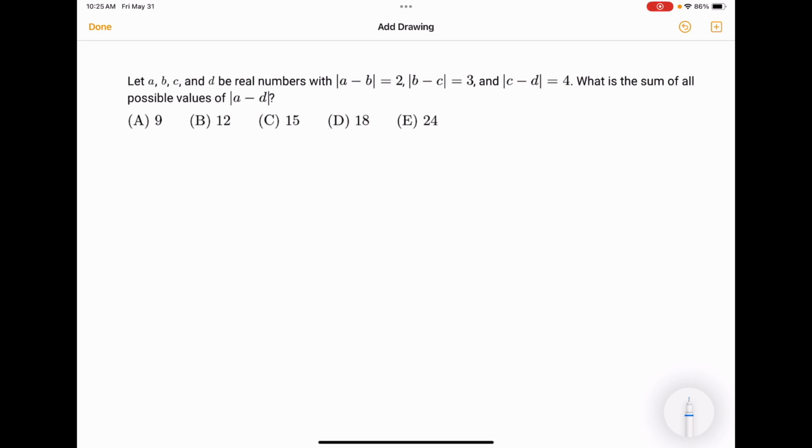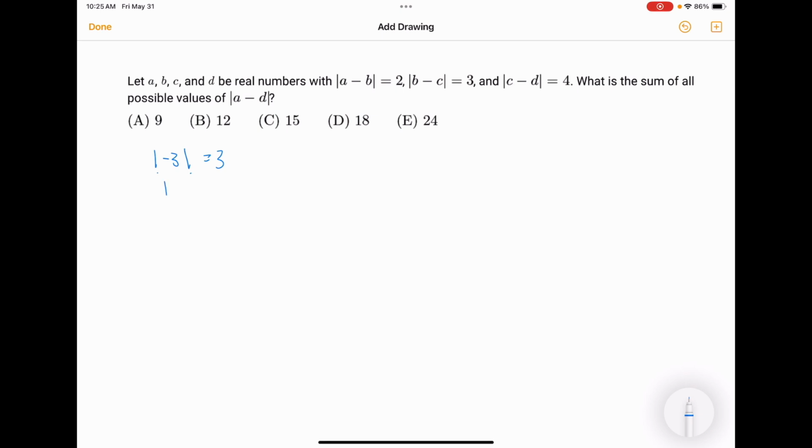Okay, to start this problem off, we see that we are dealing with absolute values. What absolute values are, basically, the result is always going to be a positive number. So for example, if we have the absolute value of -3, and if you didn't know, these two vertical lines are what indicate absolute value, then the absolute value of -3 will give us 3.